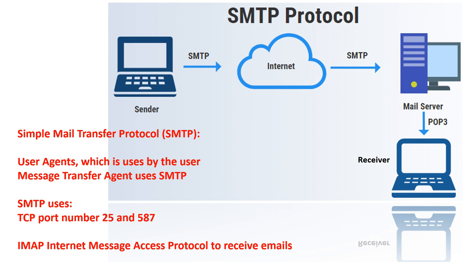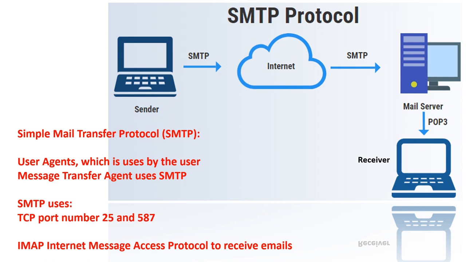When an email is ready to be sent, the sending process is handled by the message transfer agent, which comes built into the email client software. The message transfer agent uses SMTP to forward the email to another message transfer agent present at the server side, while SMTP is used by the end user only to send emails.